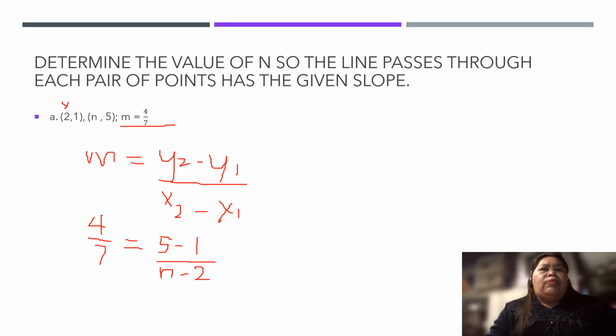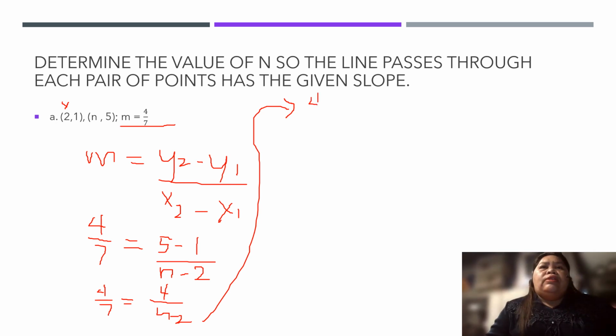Let's simplify first. So we have 4 over 7 equals 4 over n minus 2.